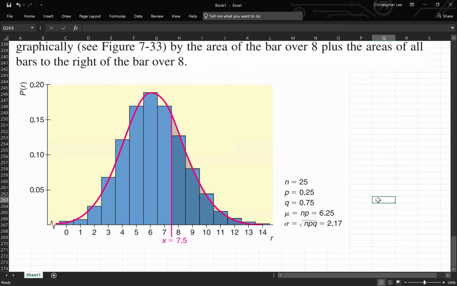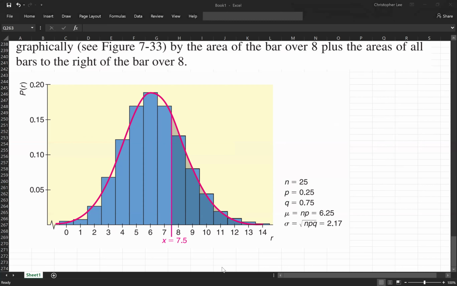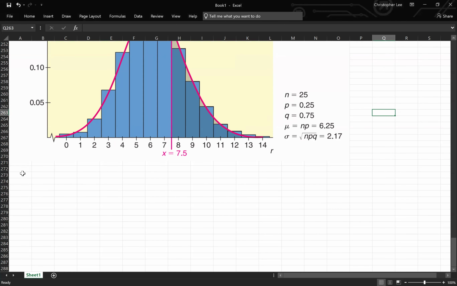So we're going to use the normal distribution to approximate what that answer could be. So let's take a look at how to do that real quick.